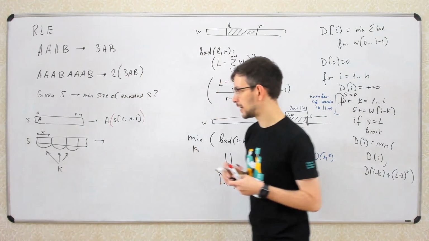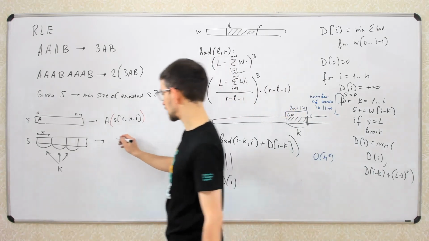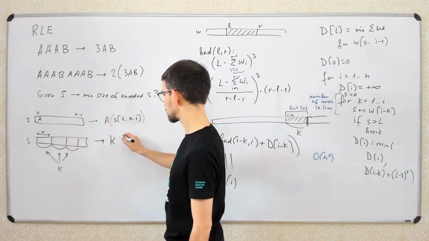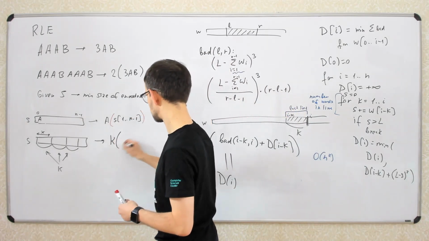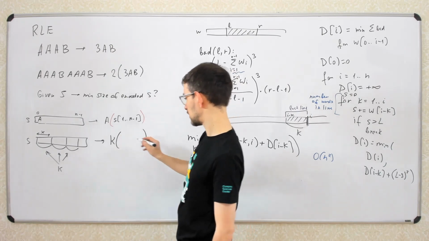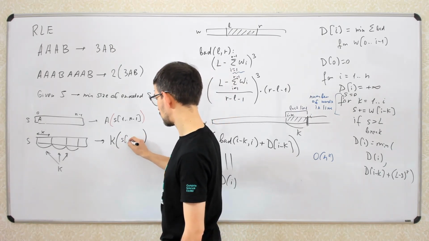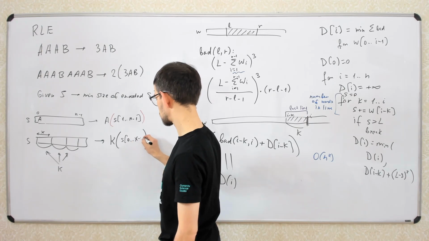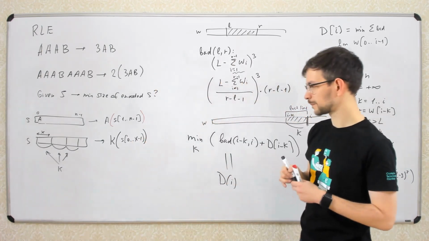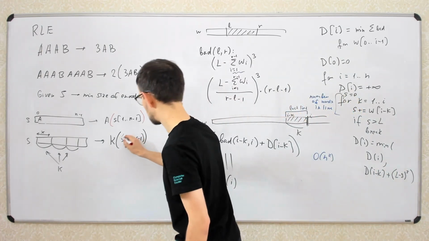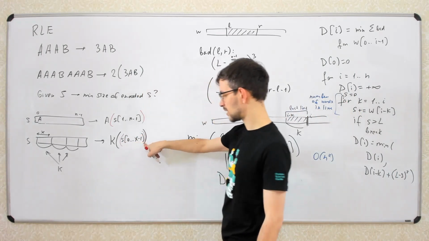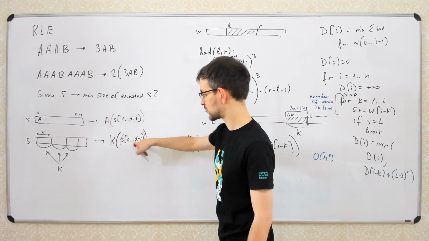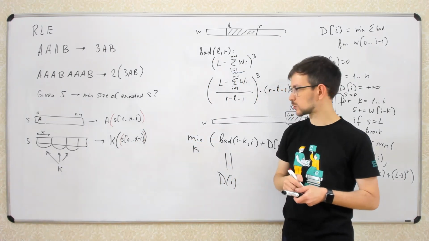We need to write k repetitions of the string from 0 to x minus 1, which is something that encodes the string from 0 to x minus 1.